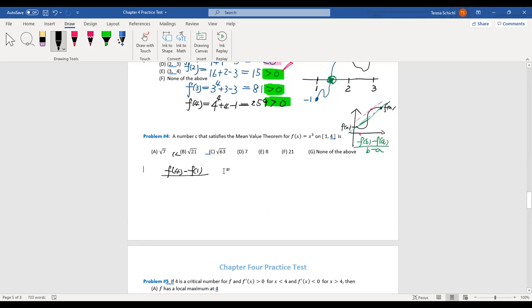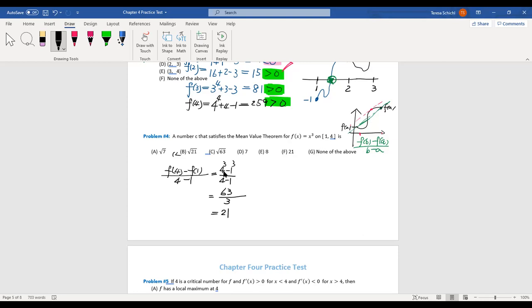Okay, so a while ago, I think the internet had some problems here. So this is 4 minus 1. So this is 4 cubed minus 1 cubed over 4 minus 1. So this is 64, 64 minus 1 is 63. 4 minus 1 is 3, so it's equal to 21 here.